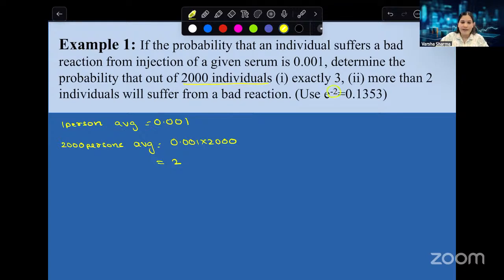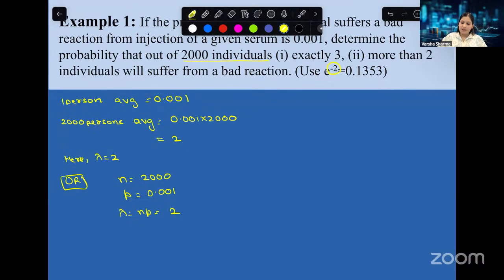And this always gives you the hint, right? So lambda is 2. Or n, the number of people, is 2000, p is 0.001, lambda is n into p, that is 2. Any which way. Once you have got lambda, it's always the same formula. We know P of x equals e power minus lambda, lambda power x by factorial x.